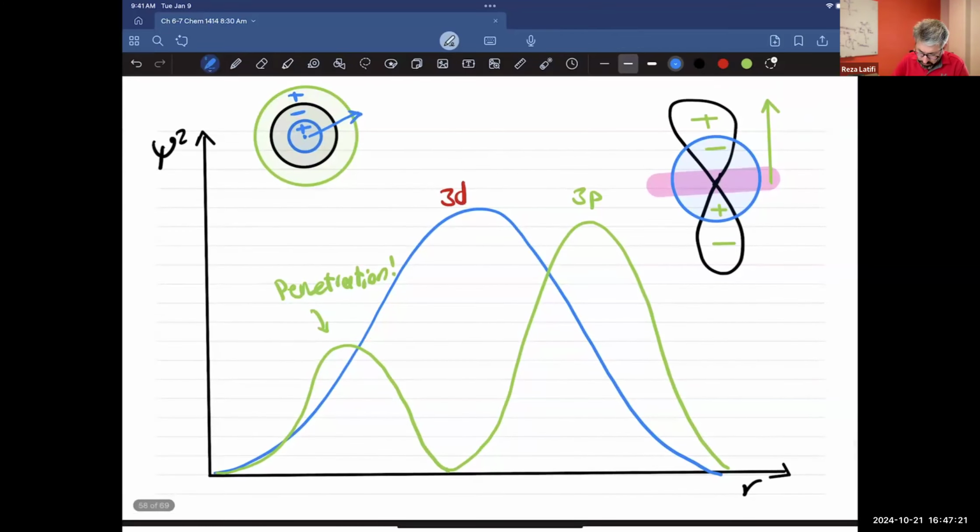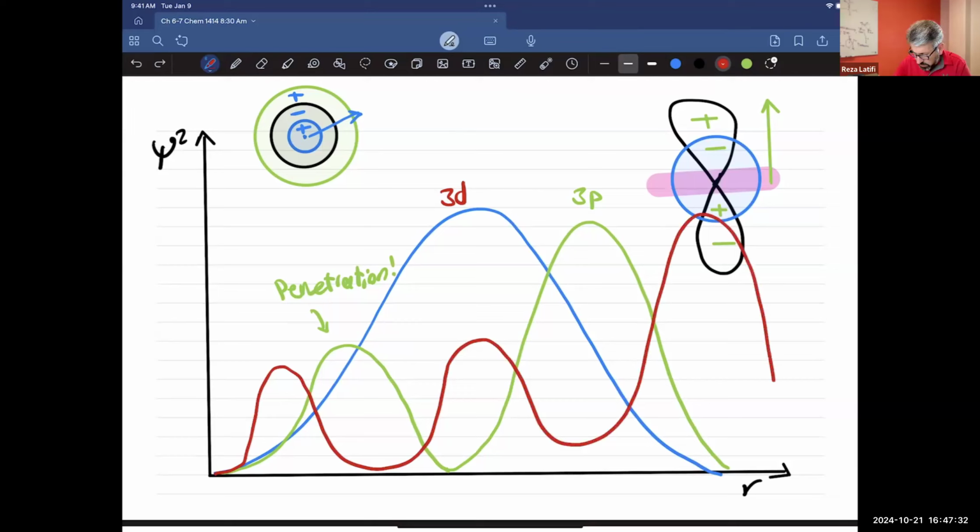So the first bump is going to be somewhere here. And again, we got penetration for the 3s orbital. So this is going to be the 3s orbital, that one is the 3p orbital, and the max point for the 3s orbital comes after all of them, after the 3d and 3p orbitals.